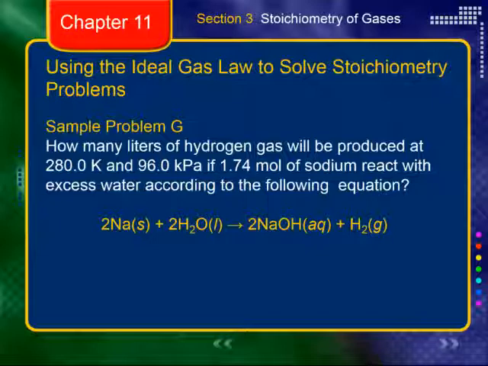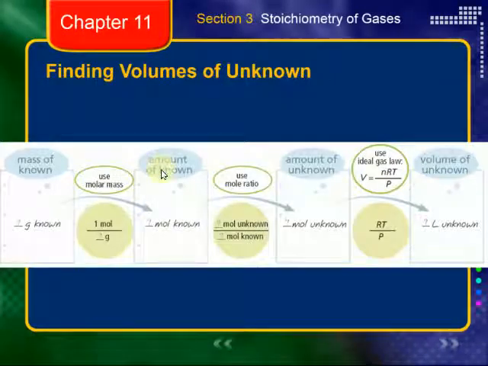All right, so again, let's identify what the question has given us. It's given us a temperature, a pressure, and an amount of moles of sodium, this sodium right here. It's reacting with the water, and we're being asked about how much hydrogen. So this is going to be a 2 to 1 ratio. Starting with the amount of moles of sodium that react, that's going to plunk us right into this spot here to start.